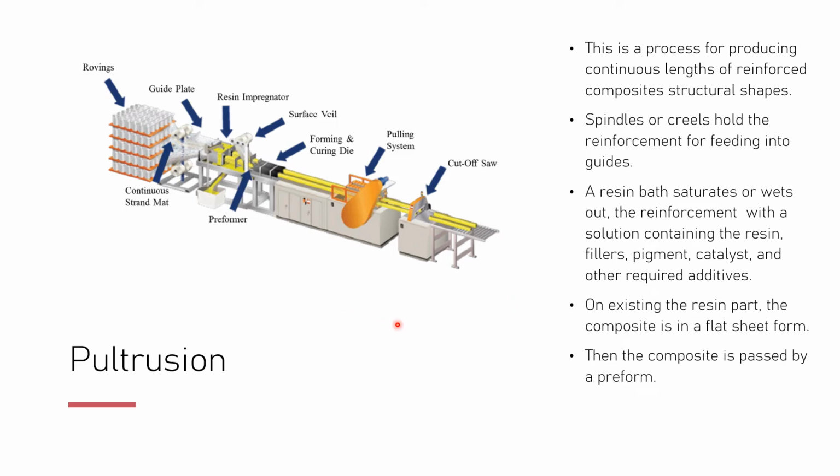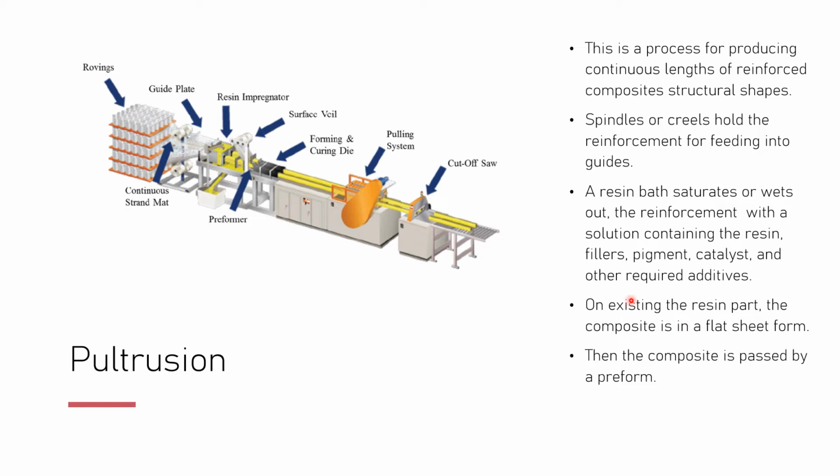Pultrusion. Pultrusion is another method. This is a process for making continuous length reinforced composite structural shapes, and it looks like that, as your production line right there. Spindles or creels hold the reinforcement for feeding into the guides, and the resin bath saturates or wets out the reinforcement with a solution containing the resin, filler, pigment, catalyst, accelerator, and other required additives.